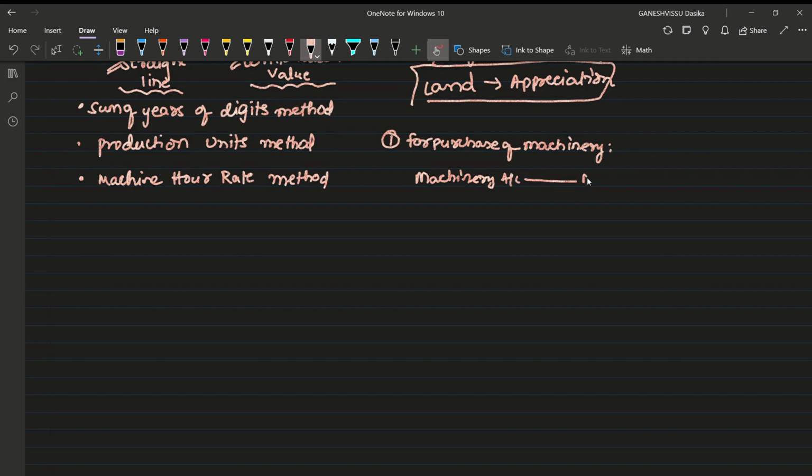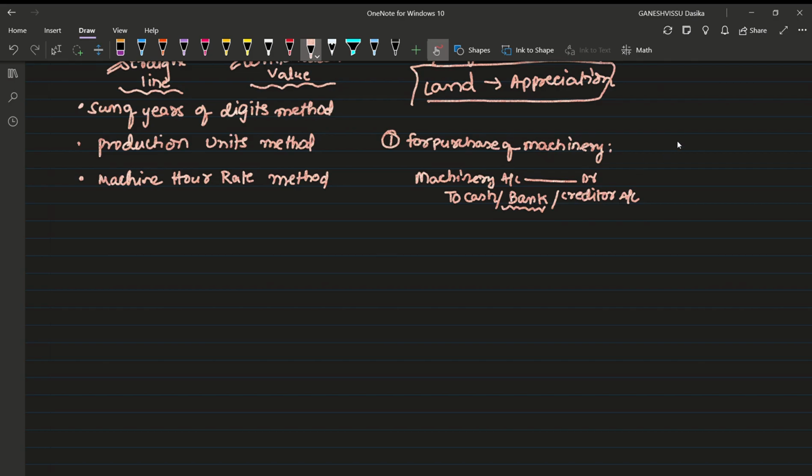Machinery account debit to cash if it has been purchased through cash, or to bank if purchased through cheque, or if purchased on credit, we can say creditor account also. But most probably we are going to use bank itself, so to creditor account for the purchase of machinery.